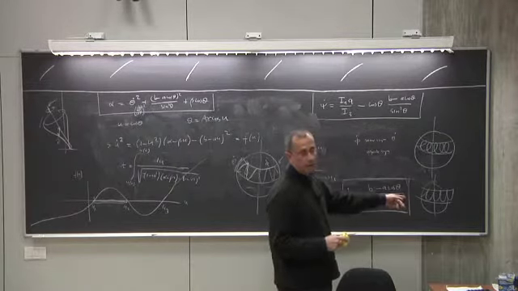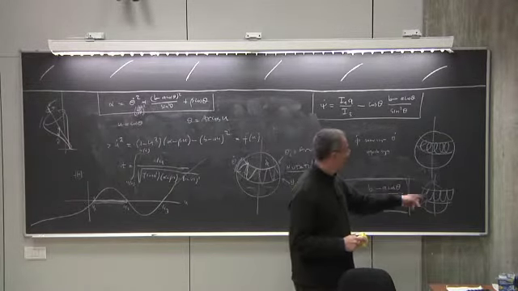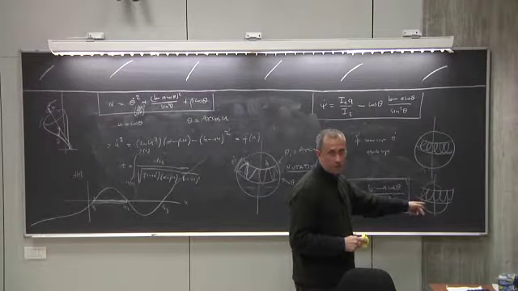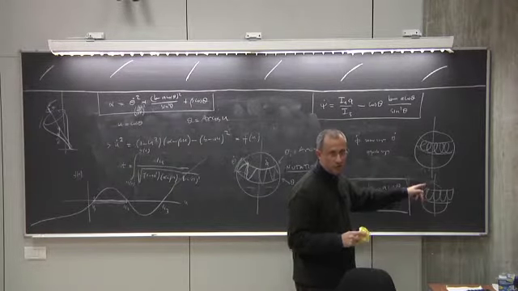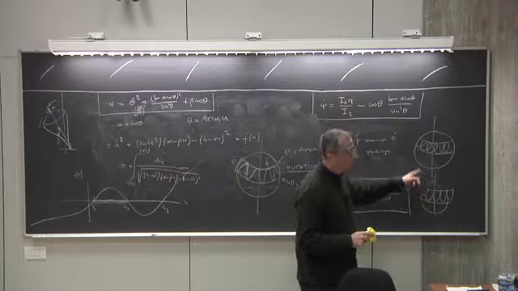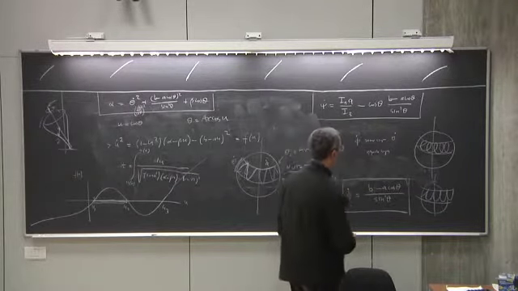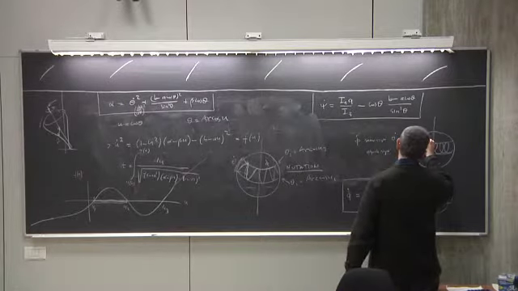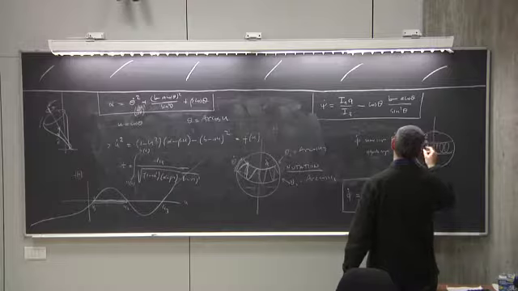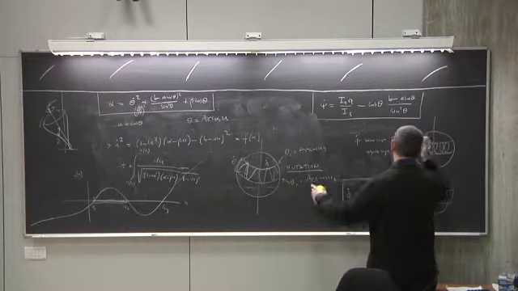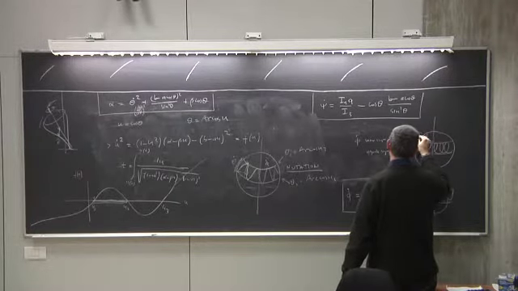The three cases, or just the difference between these two? It's just a different. You see, you have to look. So phi dot is the velocity in this direction, right? And theta dot is the velocity in this direction.